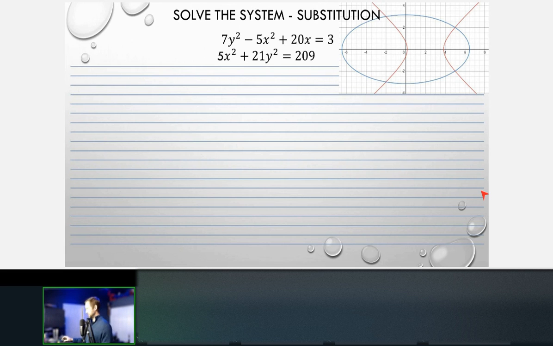So Brady says, I say eliminate the 5x squared and solve for 21y squared equals 9. Okay, so how can we eliminate this?